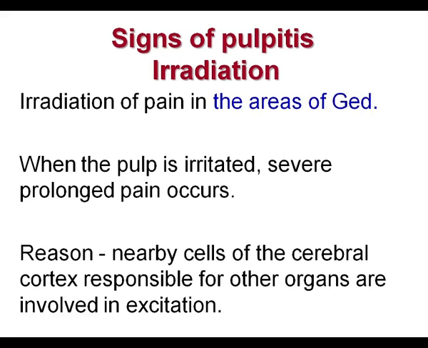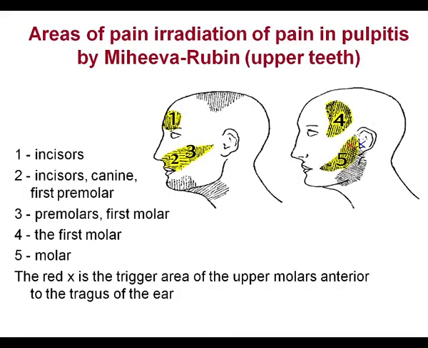Irradiation of pain is according to special areas, which are called GET. When the pulp is irritated, severe prolonged pain occurs, and its reason is that nearby cells of the cerebral cortex responsible for other organs are involved in this excitation.